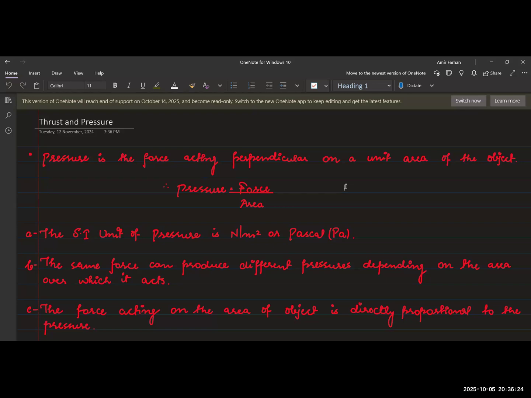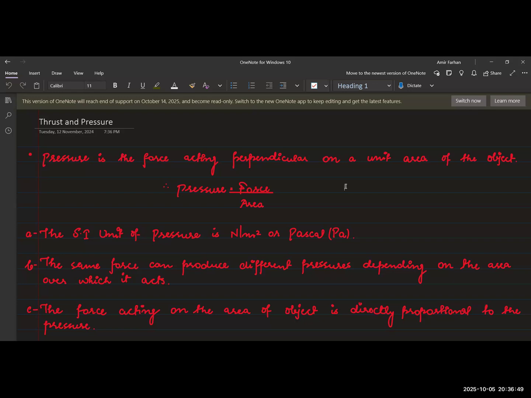And next, as you can see here, pressure depends on force and area. If the forces are the same but acting on different areas, the pressure would be different in both cases. The reason is area matters a lot in pressure, at which area you are exerting the force.